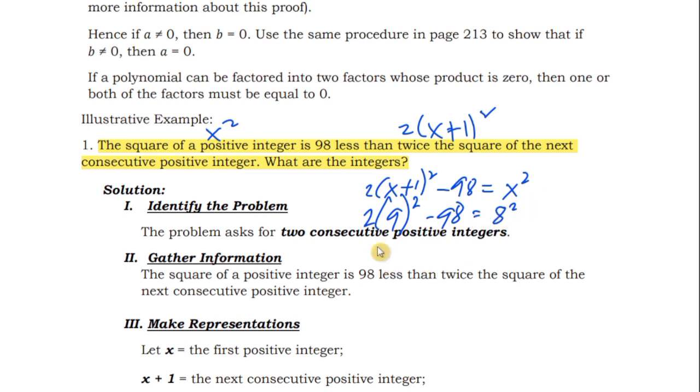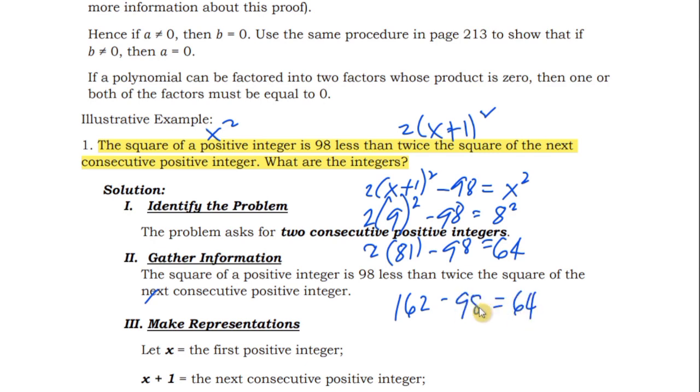So 2 times 81 minus 98 is equivalent to 64. So 162 minus 98 is 64.